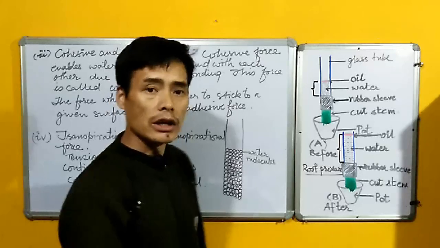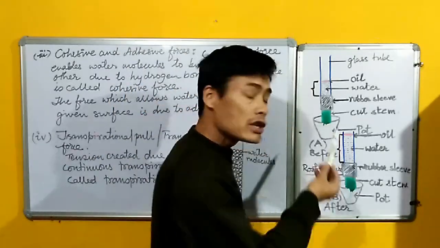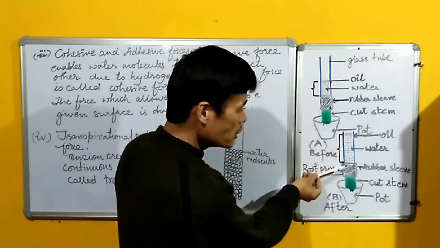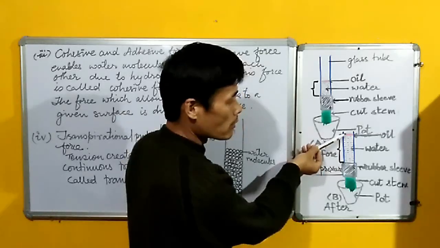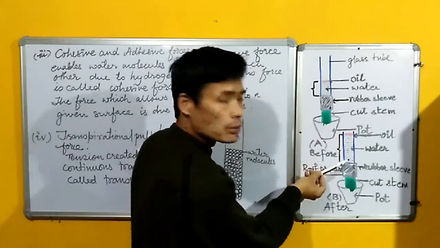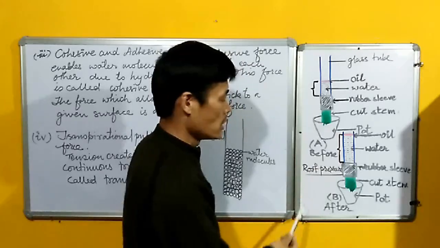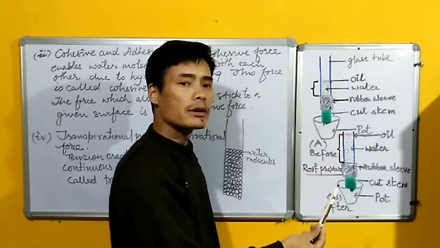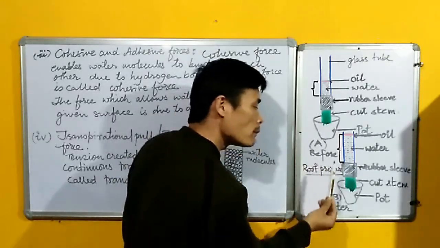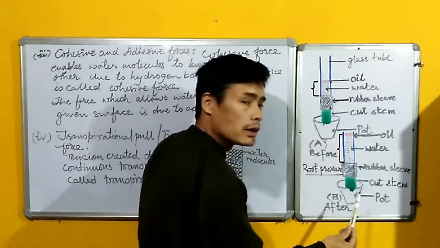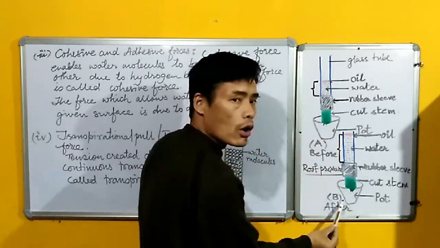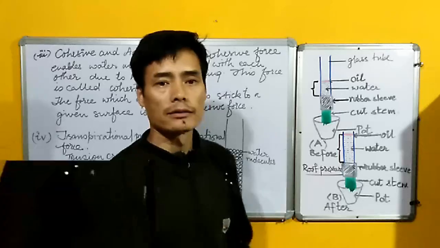With that, we conclude that in this experiment, the continuous rise in the water column in the glass tube is due to the hydrostatic pressure or the root pressure that is developed in the cells of the root.